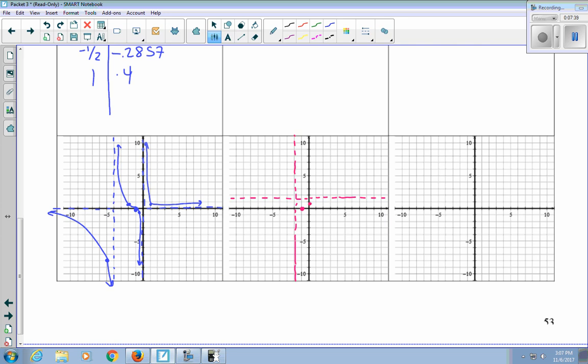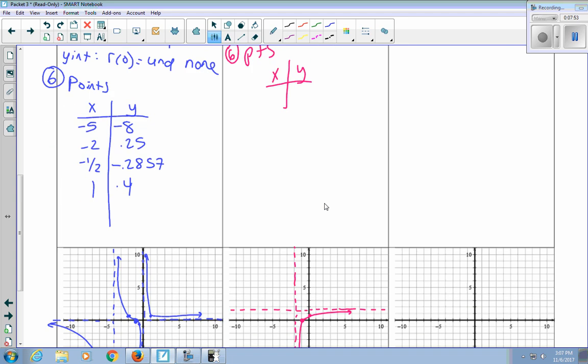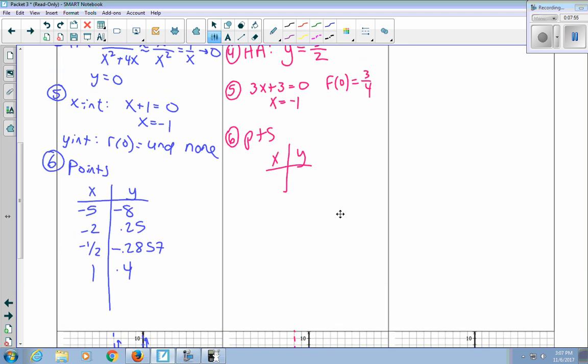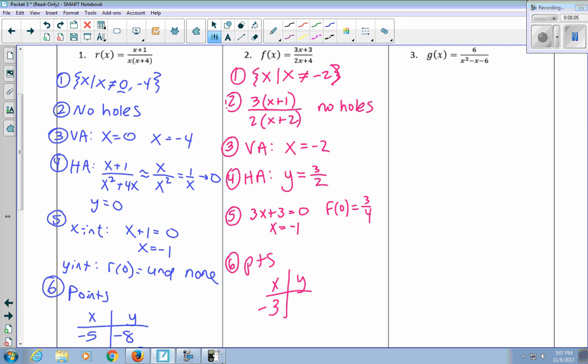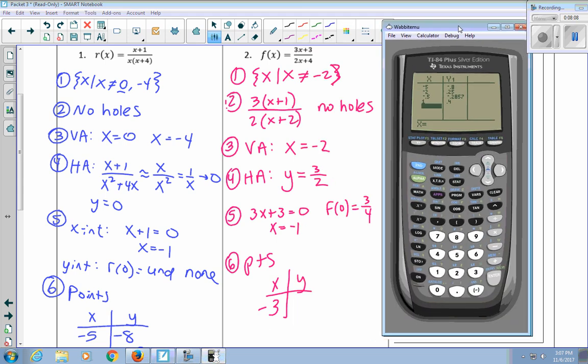Okay, so the region to the right of my vertical asymptote looks clear, like it goes like this. And then it looks like I just need one more point to the left of my vertical asymptote, and I'll be able to draw the rest of my graph. So maybe I just need something to the left of -2, like -3. Plug that into my function. 3x plus 3 over 2x plus 4. I want to plug in a -3.